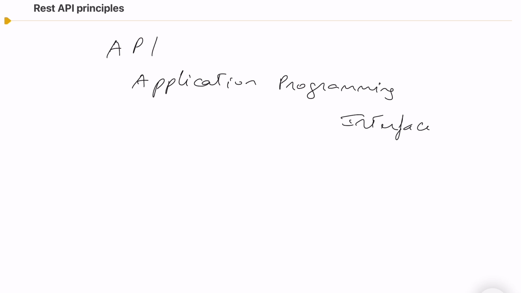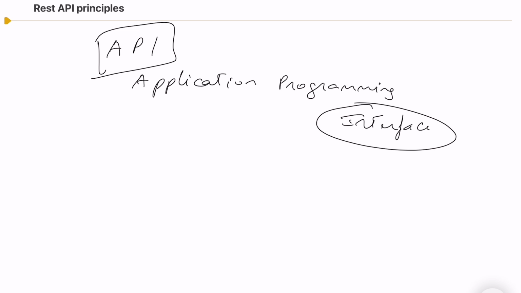The important part which you need to focus on is interface. That means these API or APIs are actually used for exchange of data. Correct? Request, response. Client requests something, you get a response from the server.